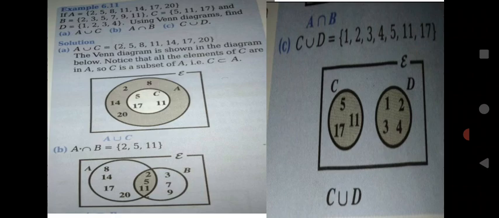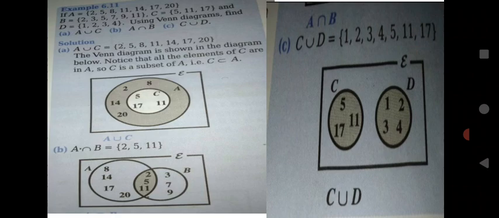Alright? So, look at this example. If A is a set containing 2, 5, 8, 11, 14, 17, and 20, and B is 2, 3, 5, 7, 9, and 11, while C is 5, 11, and 7, and D is 1, 2, 3, 4, you can actually draw the Venn diagram.